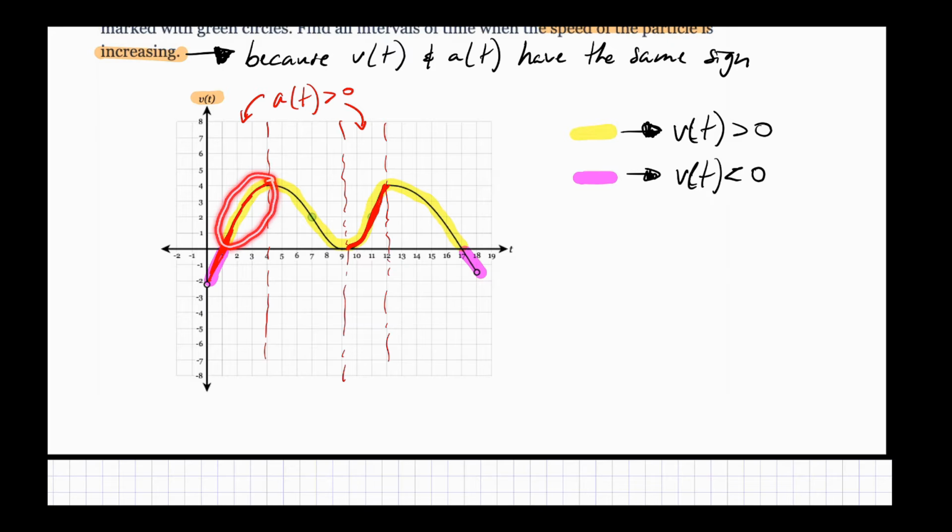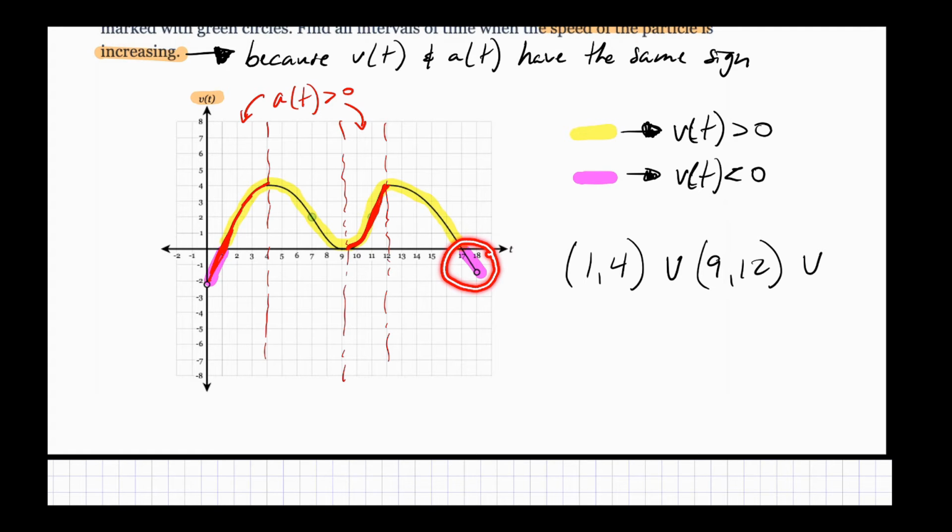So what is that? 1 to 4, or also right here, looks like that's 9 to 12. That's positives. Now negative, negative. So not outlined in red and pink. That's right here, 17 to 18.